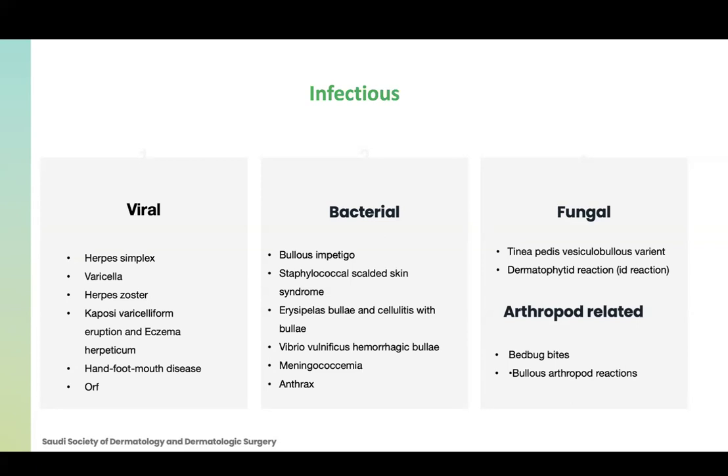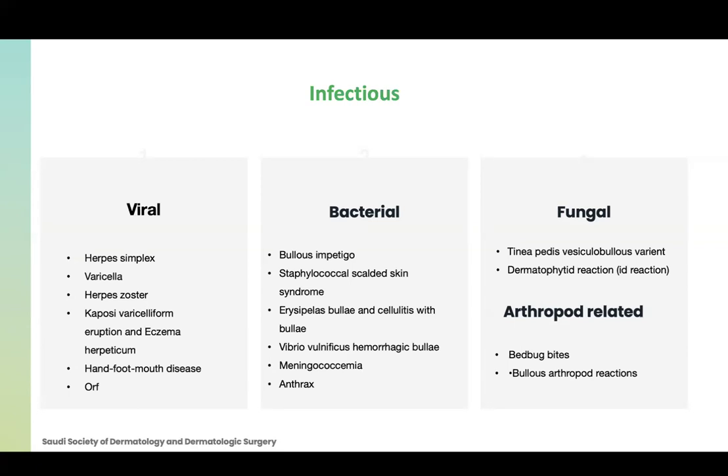Like patients with atopic dermatitis, we call this eczema herpeticum or Kaposi varicelliform eruption. So it's a herpes simplex virus infection on top of abnormal skin. And it is considered an emergency and the patient needs to take acyclovir.